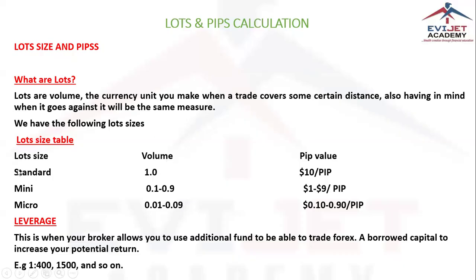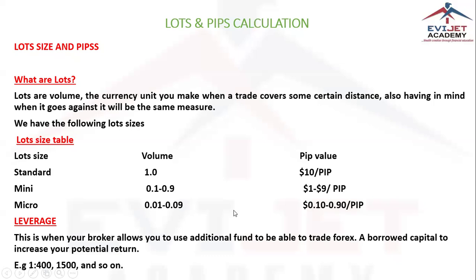Now, for lot size, we have the standard lots, the mini lot, and the micro lot. The micro lot starts from 0.01 to 0.09. For every 1 pip of micro 0.01 is 10 cents.